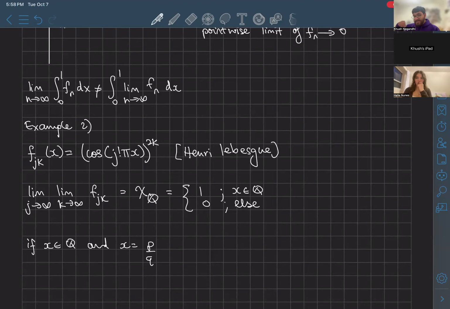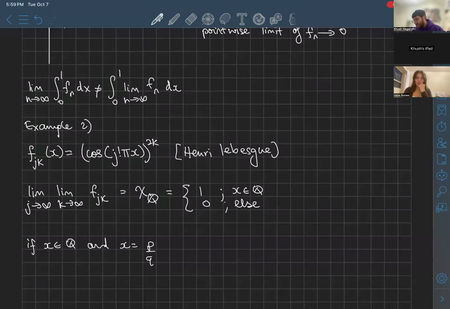That means this q in the denominator cancels out with something in the j factorial, and what you're left with is an integer multiple of pi. But cosine of an integer multiple of pi is either 1 or minus 1. And since we're taking it to the power of 2 times k, this is always 1. So if x is rational, this converges obviously to 1.